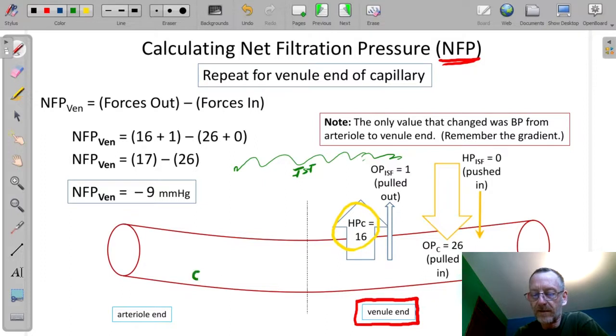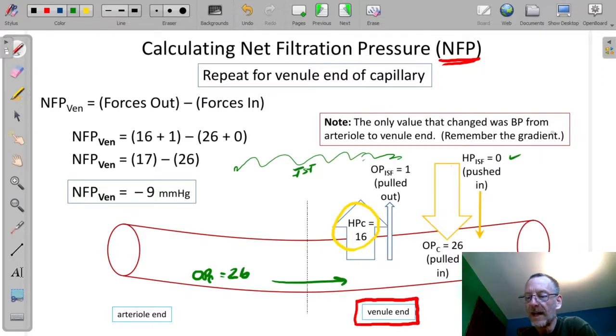So the osmotic pressure in the capillary was 26 on the arterial side. Proteins flow to the venule side, it's the same, 26. And we didn't change any of the proteins out in the interstitial fluid, so that's also 0.